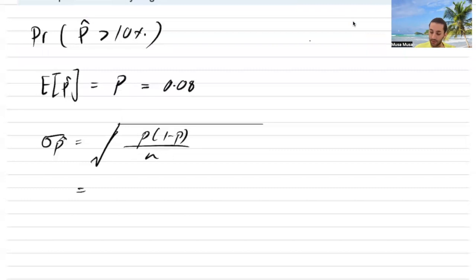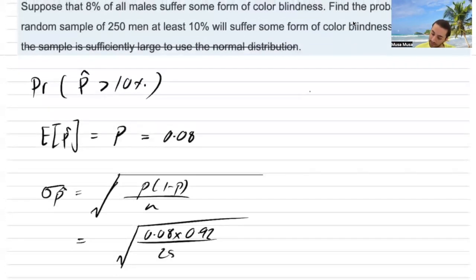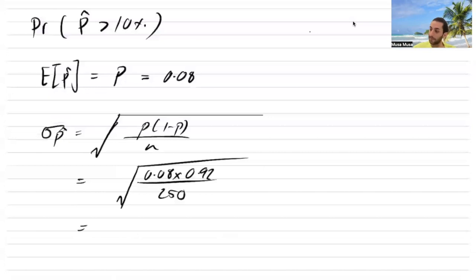So this is going to equal the square root of 0.08 times 0.92 over, how many people are we sampling? 250. Nice.